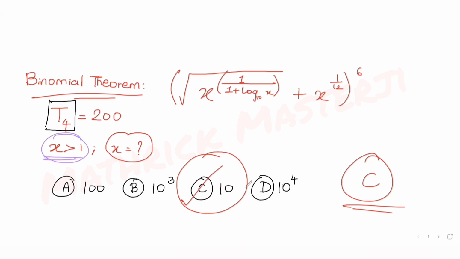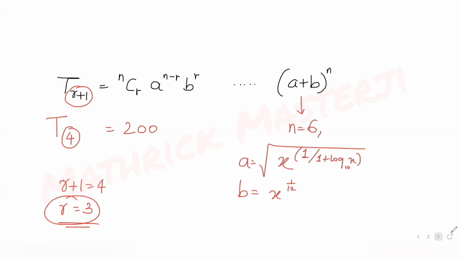I hope you have understood how to solve this type of questions, which deals with the ideas of finding the answers for values of x using the binomial theorem. So first I use the idea of r plus 1th term to get my formula nCr, a raised to n minus r and b raised to r. Once I get that, I equated that with 200, found out a, b and n in this power expansion.